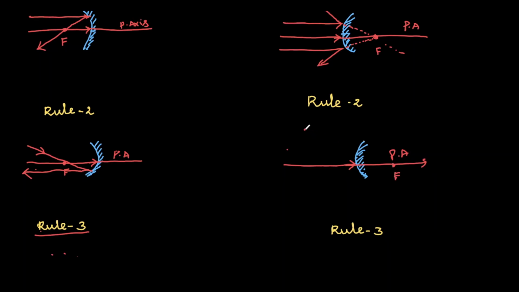When the light ray passes through the focus, it will be reflected parallel to the principal axis. So when the light ray passes through the focus, it will be reflected back parallel to the principal axis.